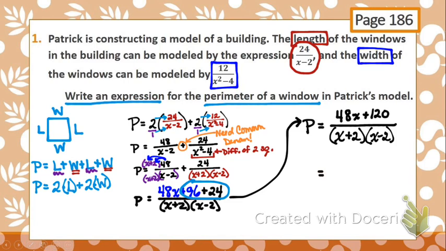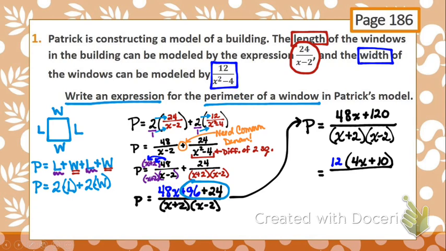You said 12? So if I take a 12 out of both pieces, it's going to be 4x plus 10. Do 4 and 10 have anything in common? 2. So I can take out something bigger than 12 if I can still take out more.